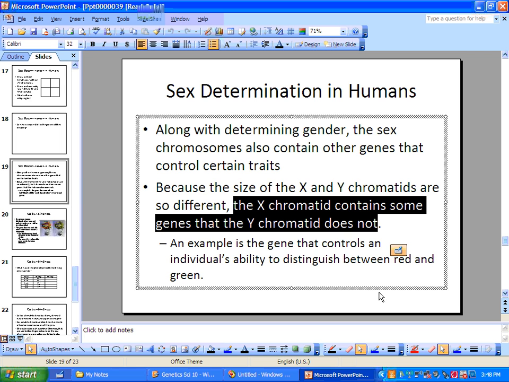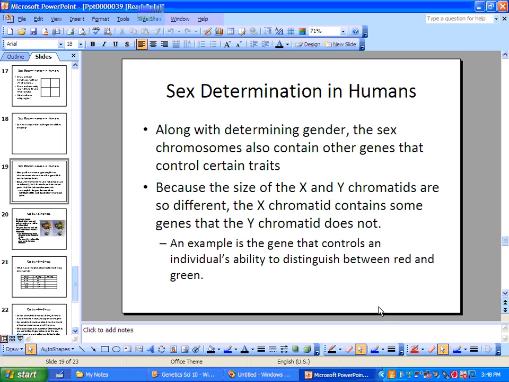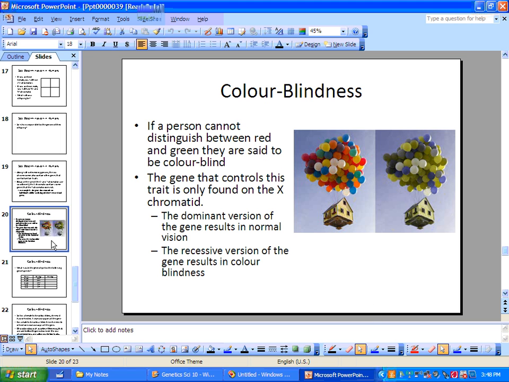So there is color blindness in some people. It is a gene, an allele, that is on the X chromosome. So here's what this kind of looks like. The most common type of color blindness, there's multiple kinds, is being unable to distinguish between red and green.